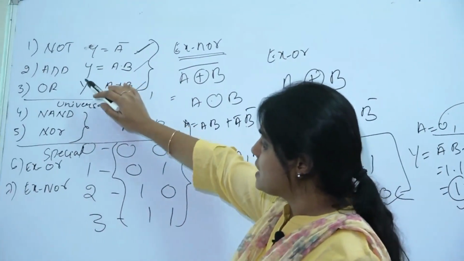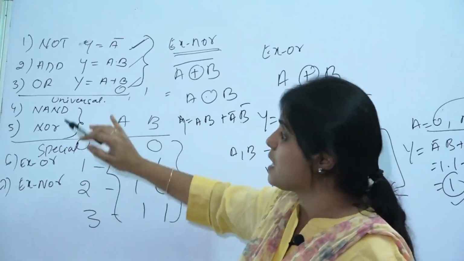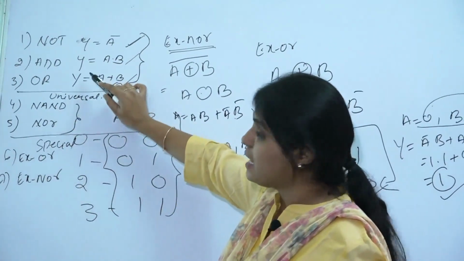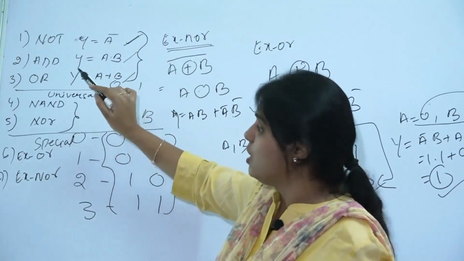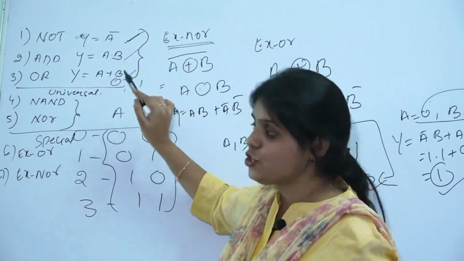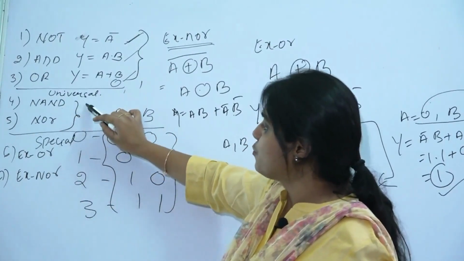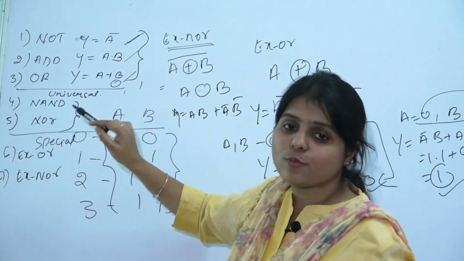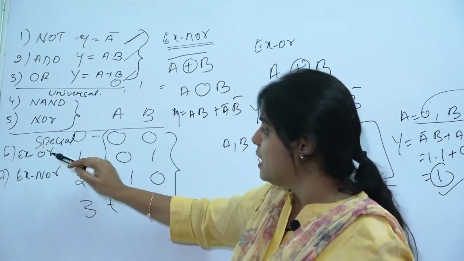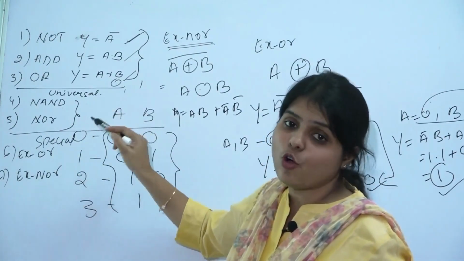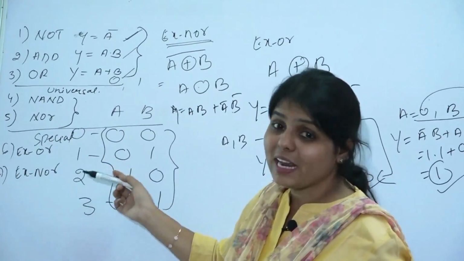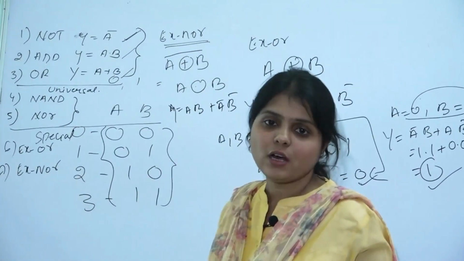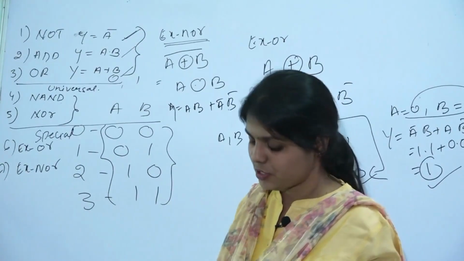So we have seen 7 different types of logic gates, starting with NOT gate, which performs inversion operation, AND gate, which performs multiplication, OR gate, which performs addition, NAND gate, which performs complement of AND operation, NOR gate, which performs complement of OR operation, XOR, exclusive OR operation, and XNOR, exclusive NOR operation, or complement of XOR operation.